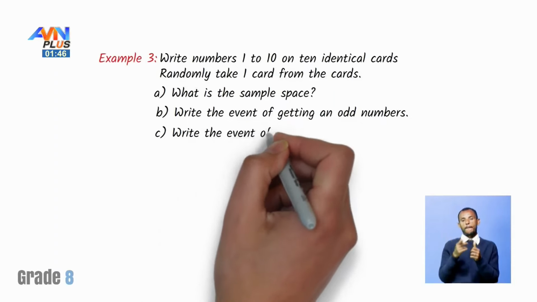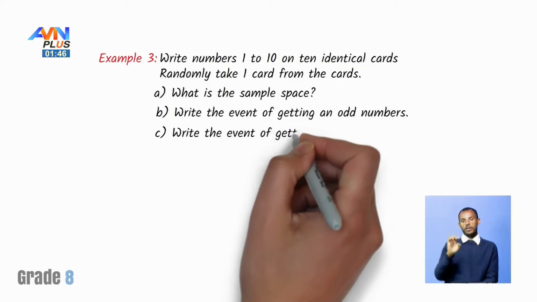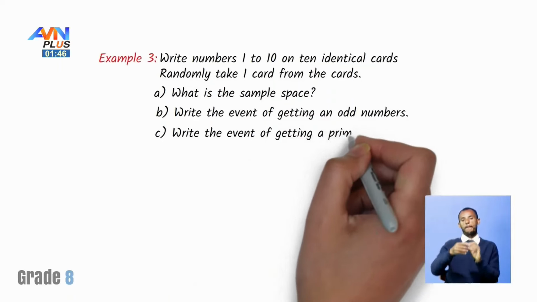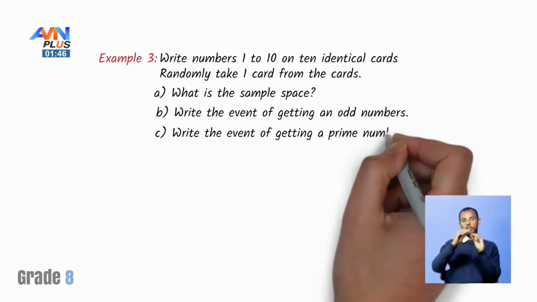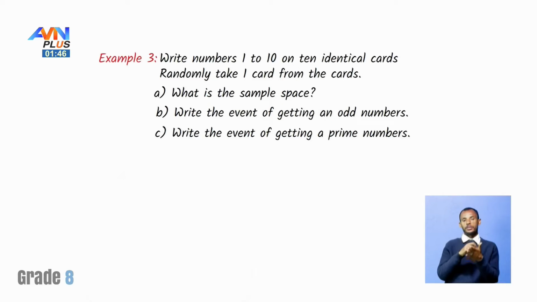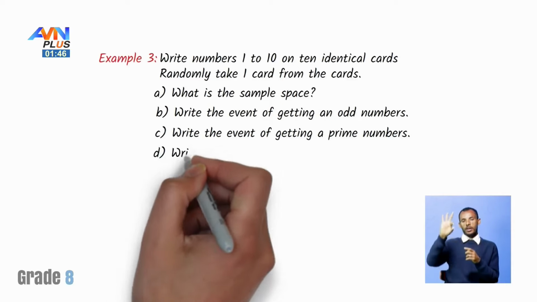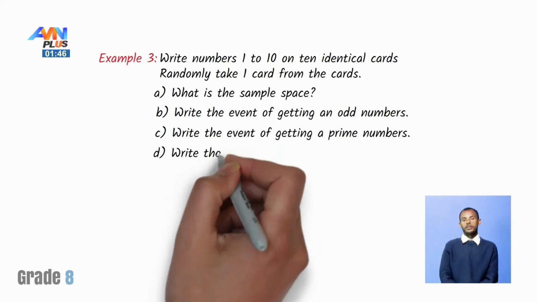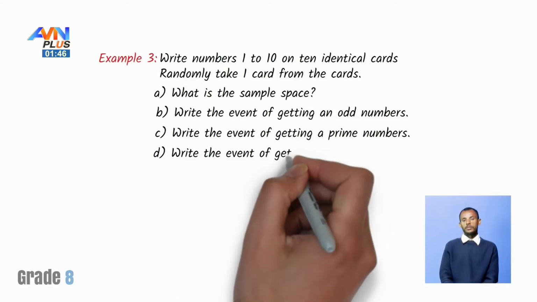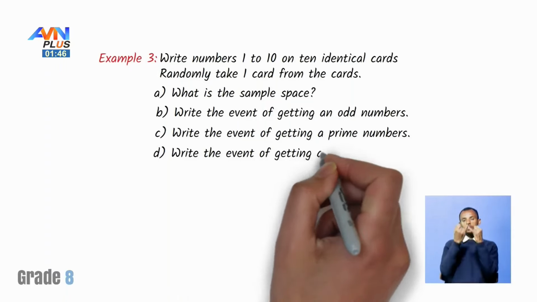The last one is, write the event of getting a number divisible by 2 and 3.